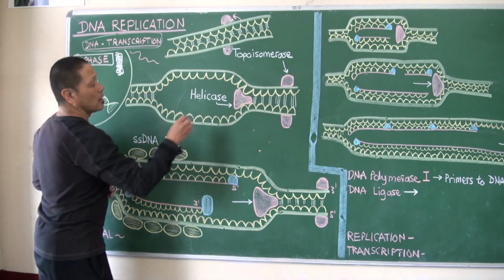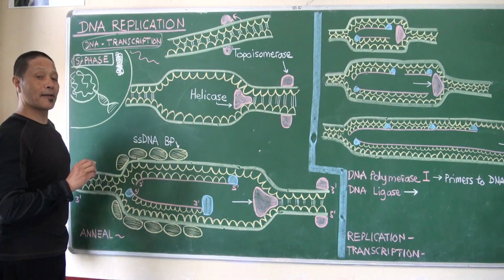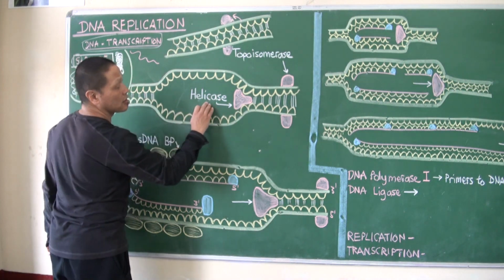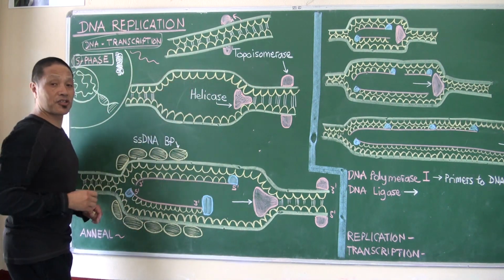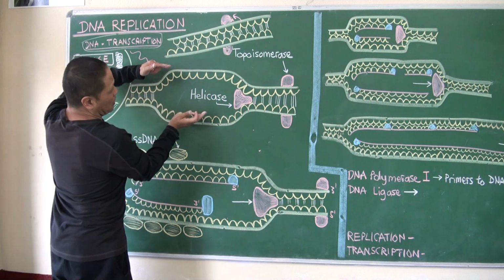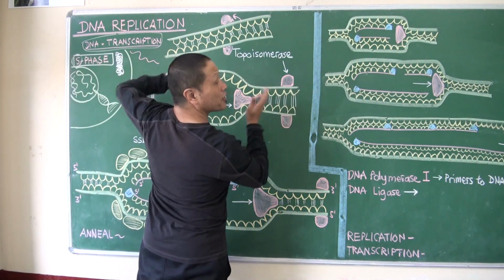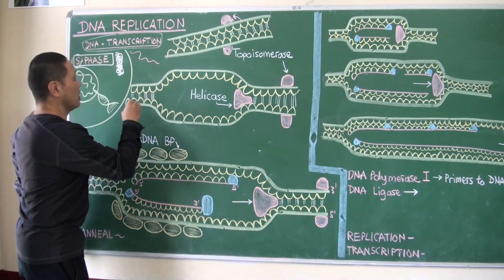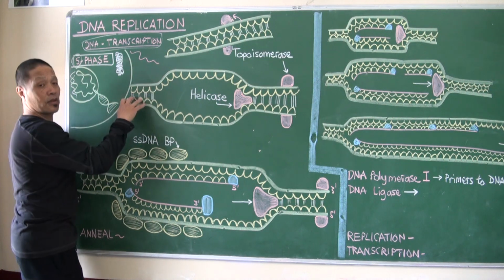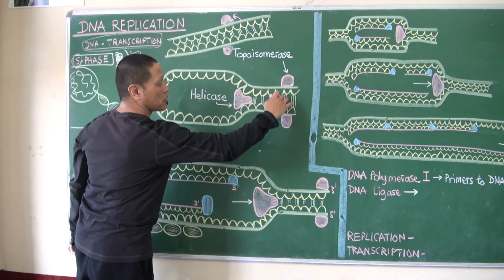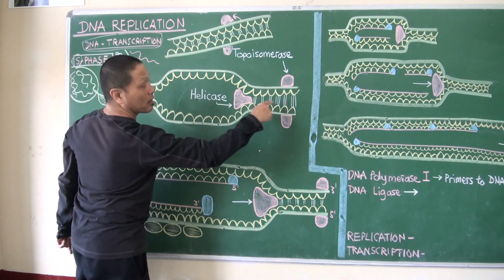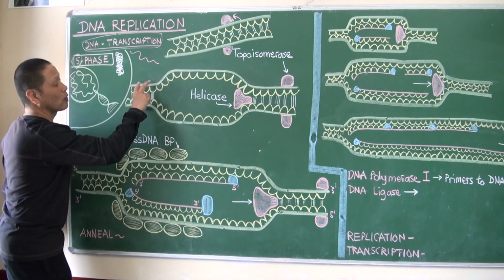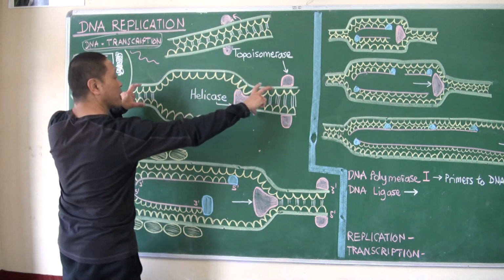After that, another enzyme called helicase comes in and begins to split up the two DNA strands. It splits up this way and continues to move forward. You can see that in this part, the DNA is still closed, and it has double and triple hydrogen bonds that hold the nitrogenous bases together.